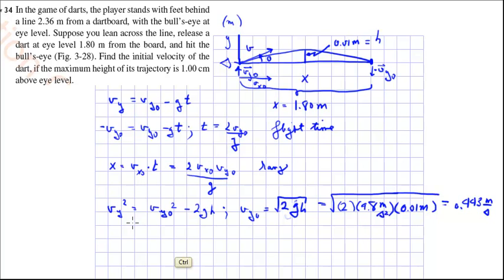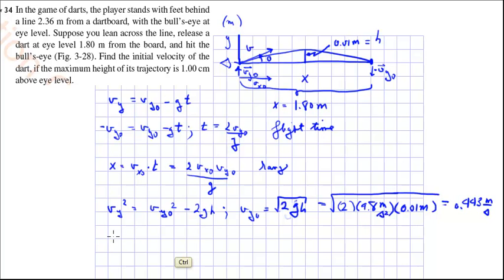And now I can use the range equation that I derived above to solve for Vx naught. I can take x equals 2 Vx naught Vy naught over g. I know what x is, it's 1.8 meters. I know what Vy naught is, I just solved for it.